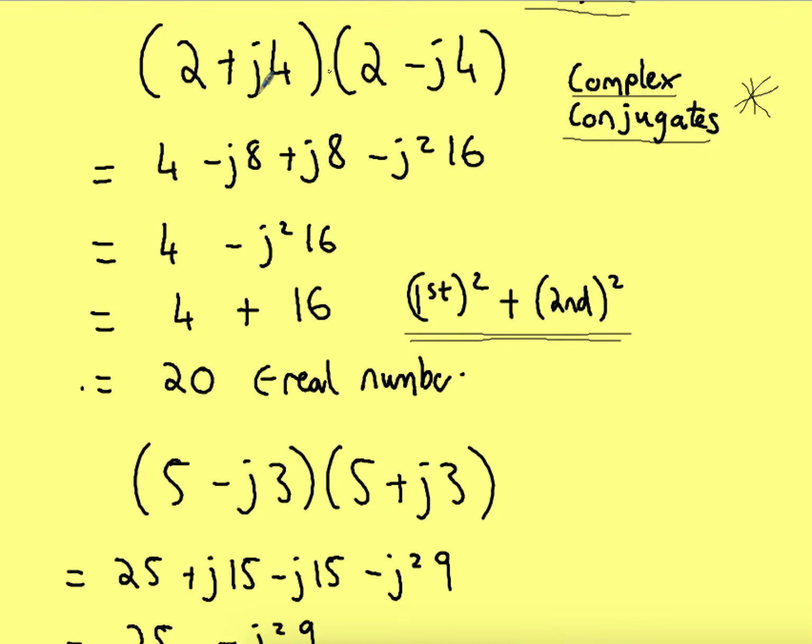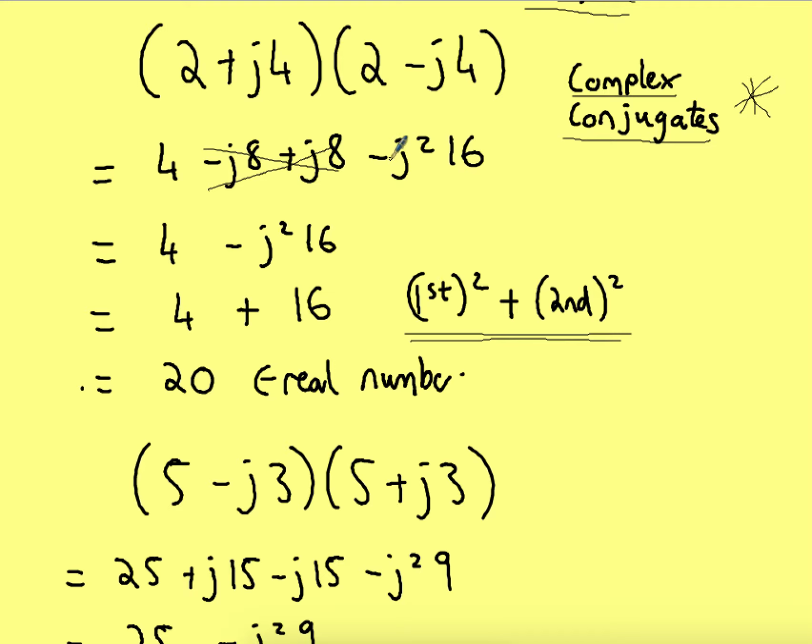So 2 times 2 is 4. 2 times -j4 is -j8. Positive j4 times 2 is j8. So these two bits will always cancel out every time, leaving us with j4 multiplied by -j4, which gives me -j squared 16.